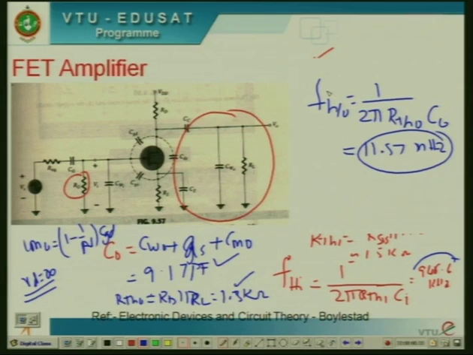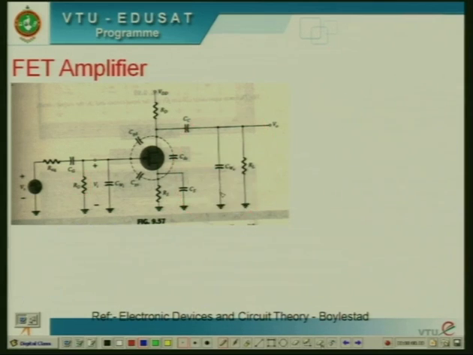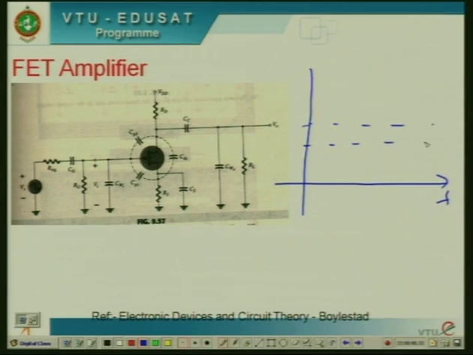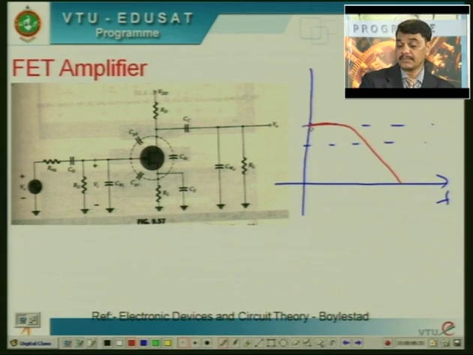If you plot the high frequency response of an amplifier, then the frequency response is given by this: this is frequency, this is the mid band gain, and then this is the minus 3 dB cutoff frequency. Then due to the FHI, that frequency response is to be like this, and due to the FH0, that frequency response is like this.